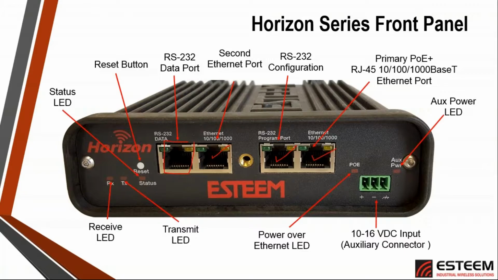So if there is a standard 9-pin connector you're going to, we manufacture a cable that goes from this RJ45 connector on the front of the data port and converts into a 9-pin port that looks like the 9-pin serial port on the back of a computer. So we do have that adapter if necessary.